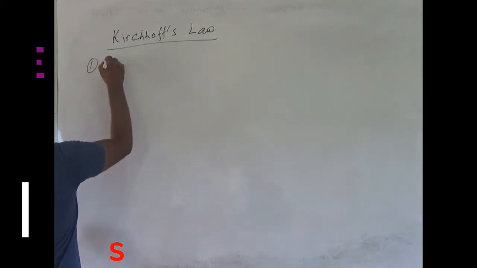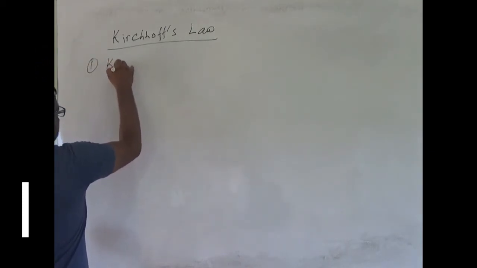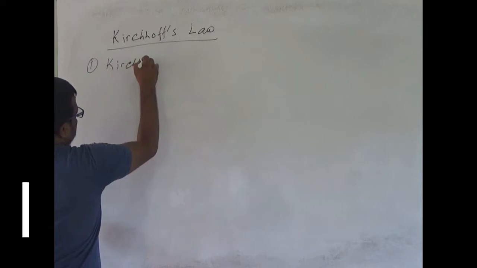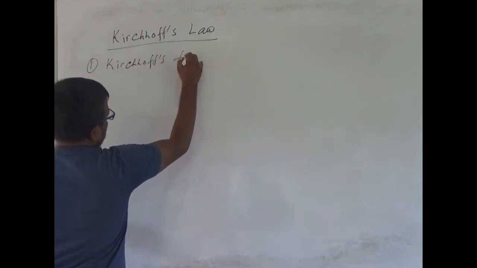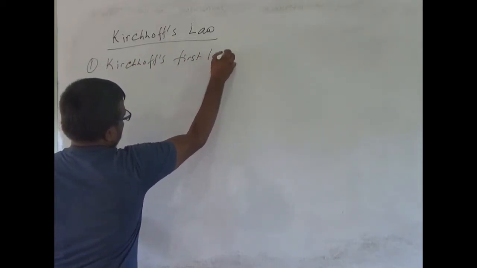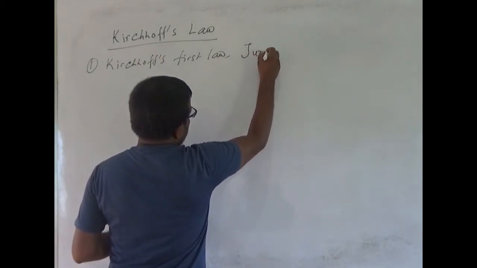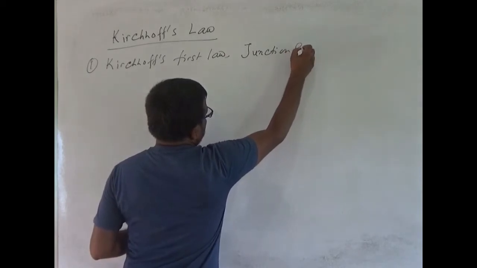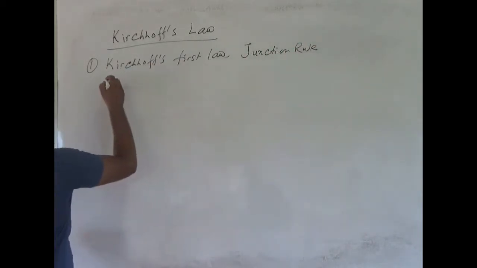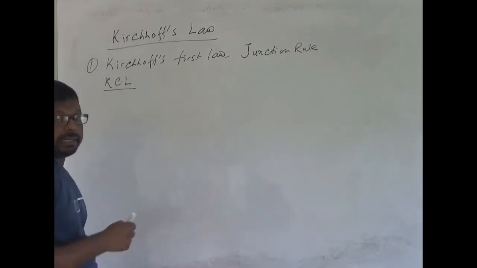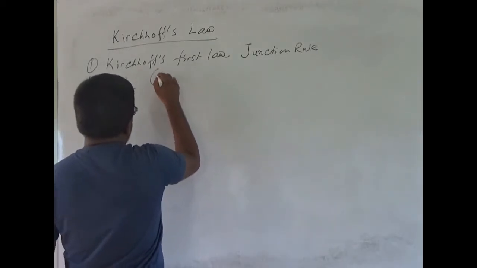First law is called Kirchhoff's first law, or this is called junction rule, or it may also be called KCL, that means Kirchhoff's current law.